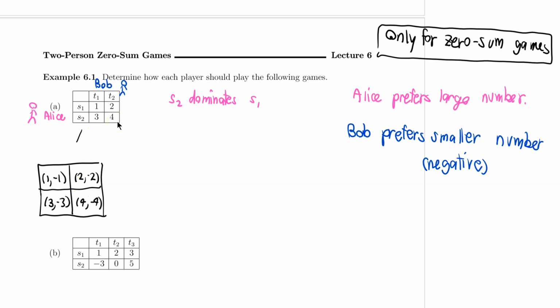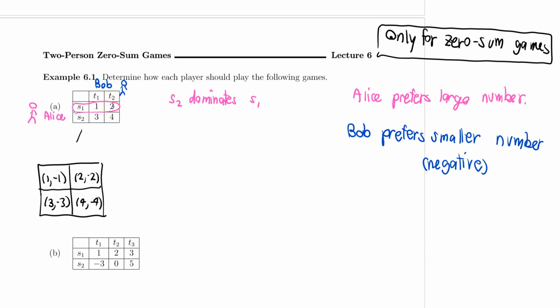Okay, so let's put ourselves in Bob's shoes and see what he can do. So Bob can reason like this. Let's suppose for the moment that Alice is going to choose the top row. What should Bob do? Well, Bob sees that losing $1 is better than losing $2.